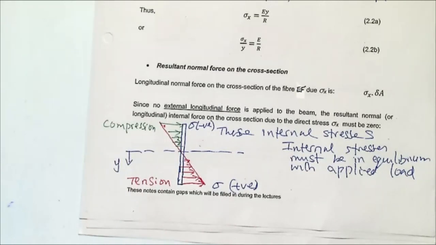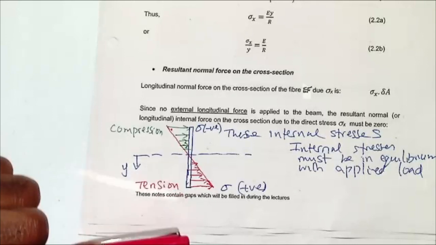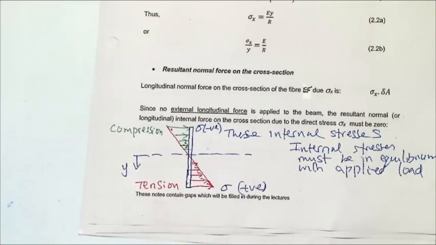So we want to make sure that when we sum up the net force acting across the whole cross-section, we must get 0, because we are not applying any load along the length of the beam. So now I have the stress. How do we convert stress to a force? Multiply by the area. Great, thank you.